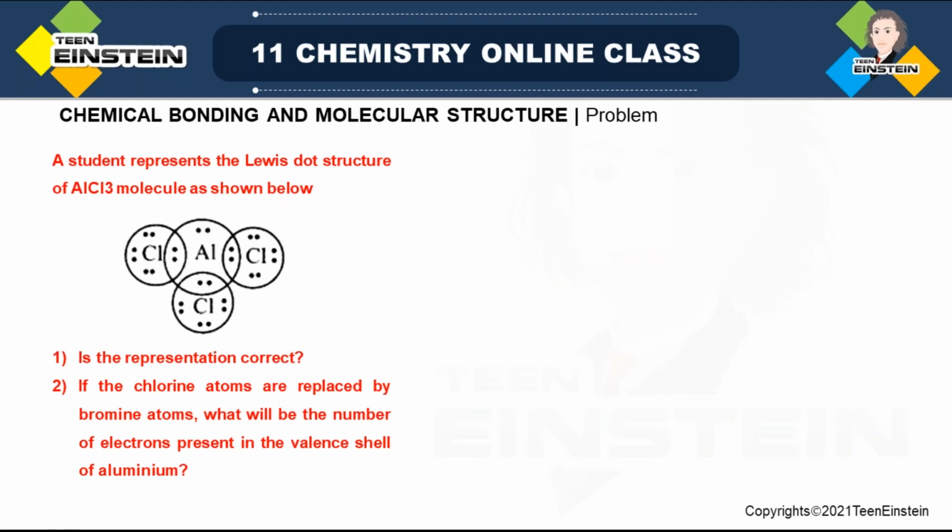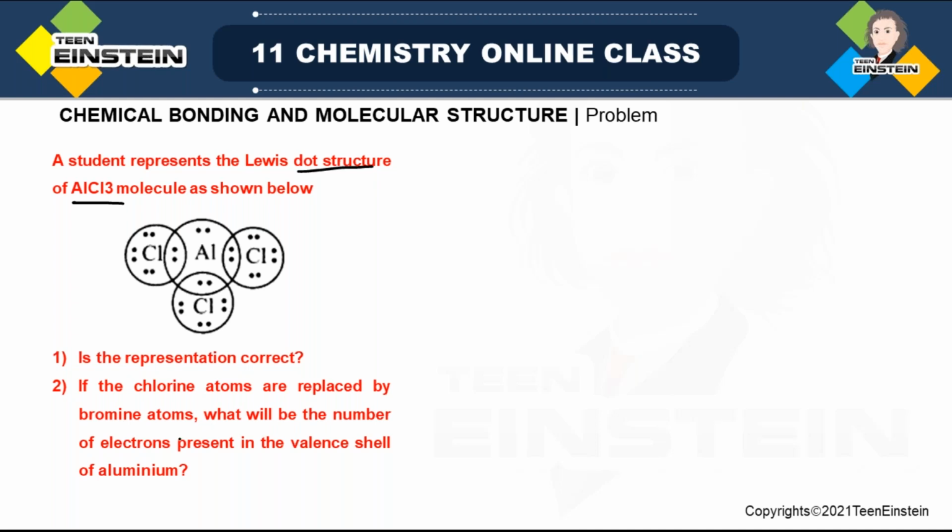We have a question here. A student represents the Lewis dot structure of an aluminum chloride molecule as shown. The structure is given, but you have to answer whether this representation is correct or not. That is the first question.